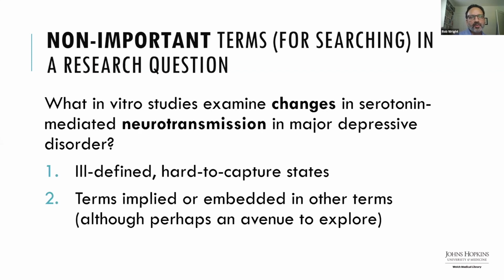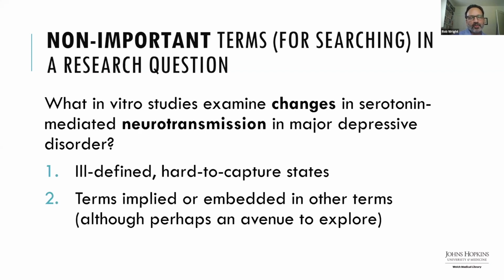So this points up the care needed to come up with search concepts. A good rule of thumb is to think of what are the essential elements of your research question, the necessary ones that must be in the articles you retrieve.